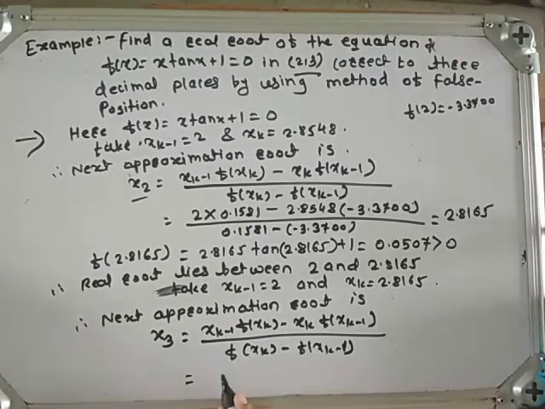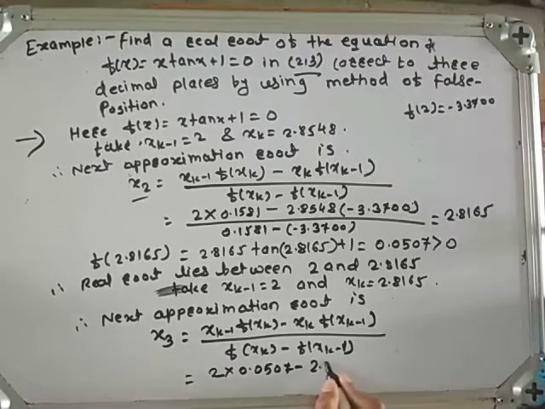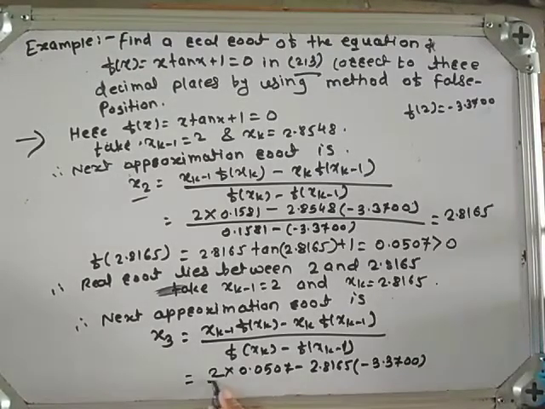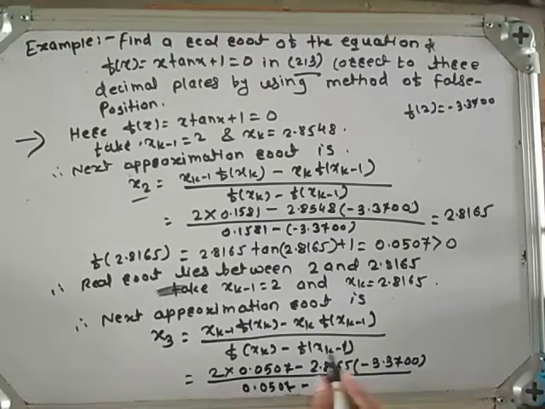Here xk minus 1 is 2, f of xk is 0.0507, minus xk is 2.8165 into f of xk minus 1, which means f of 2, minus 3.3700, upon f of xk, 0.0507, minus f of xk minus 1, this value minus 3.3700.